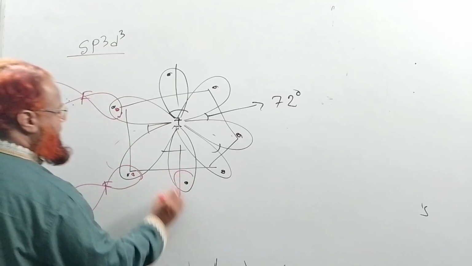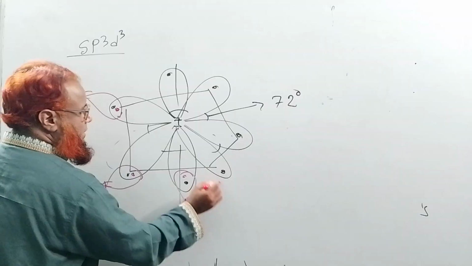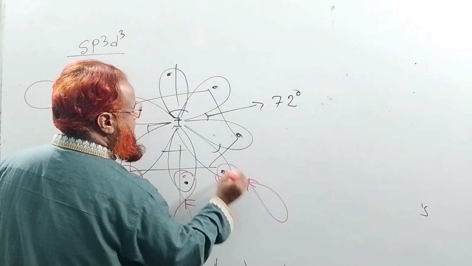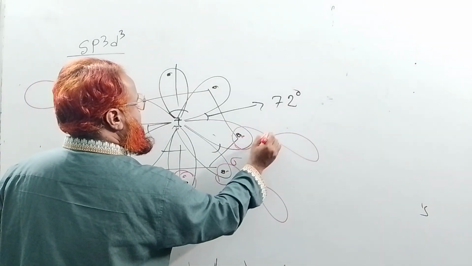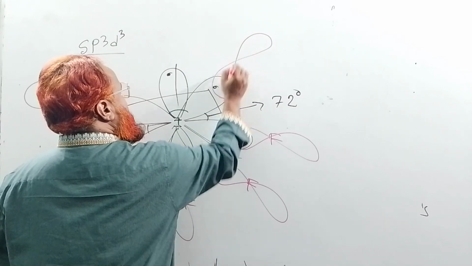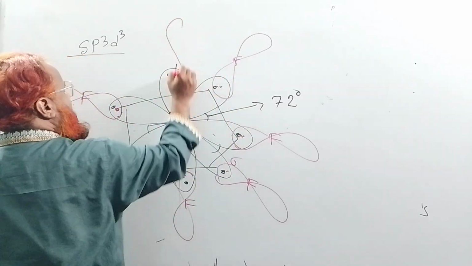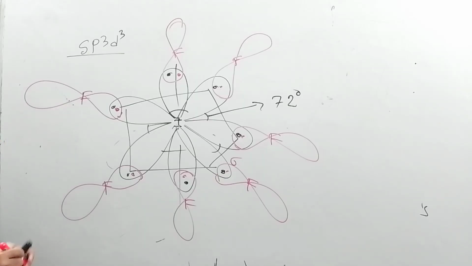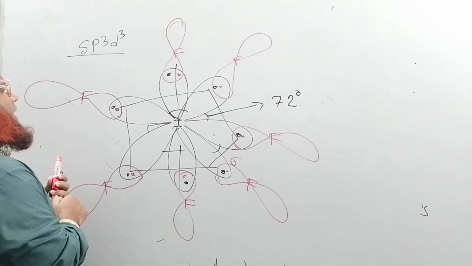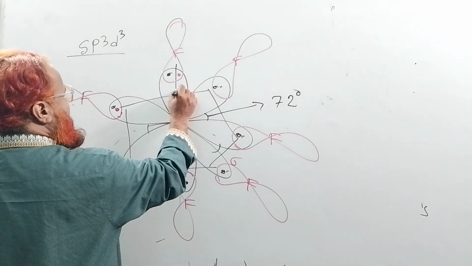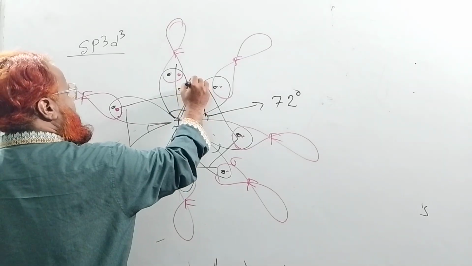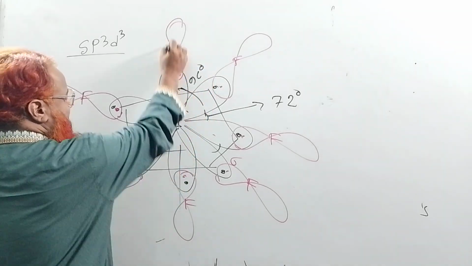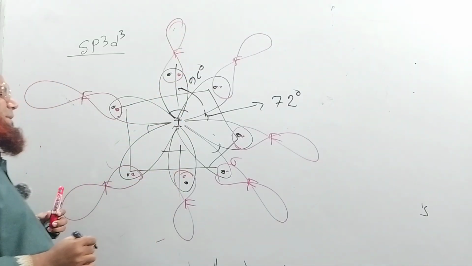Okay, fluorine, fluorine, sigma bond, this is sigma bond, and this is also sigma bond. Okay. So, there are 2 types of bond angle here, one is 72 and another is 90 degree. So, this perpendicular structure will make 90 degree.